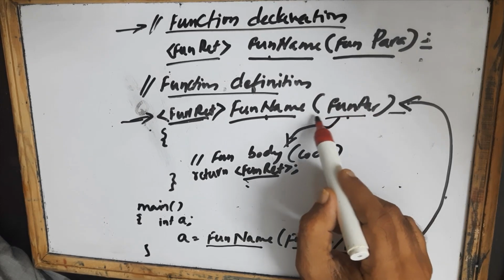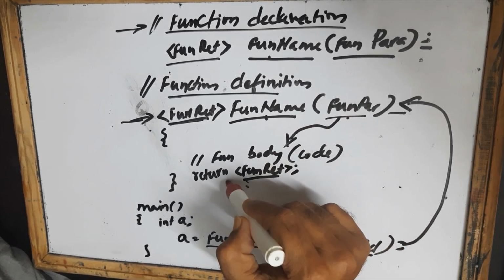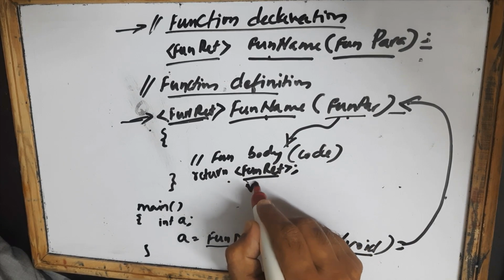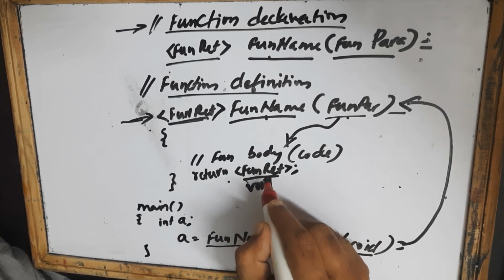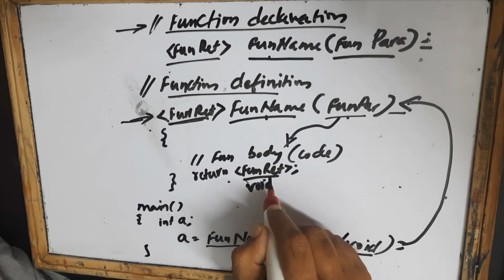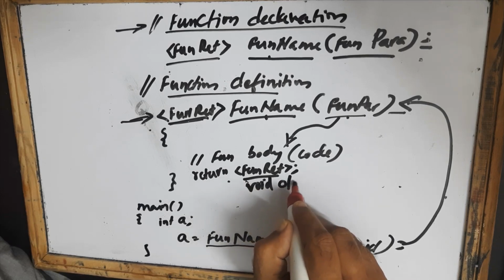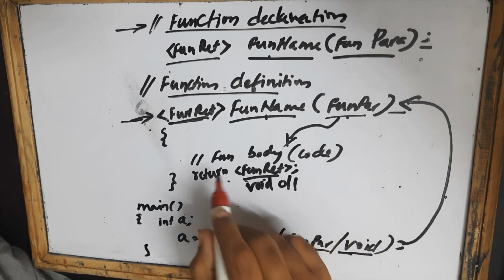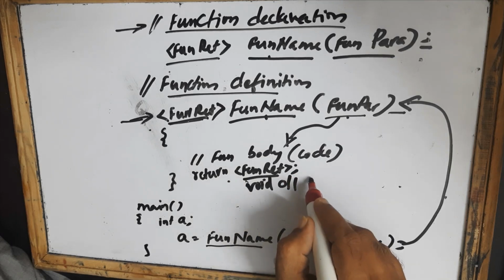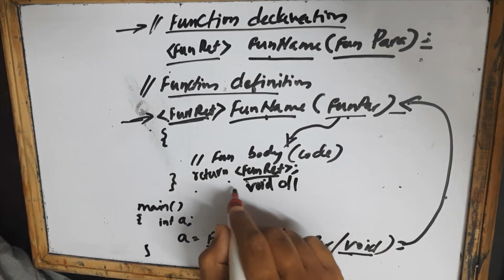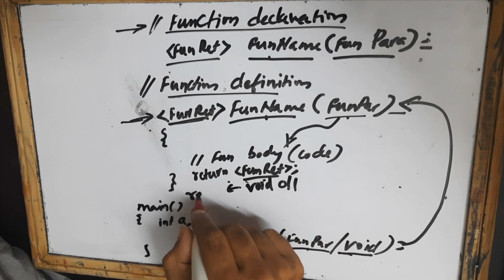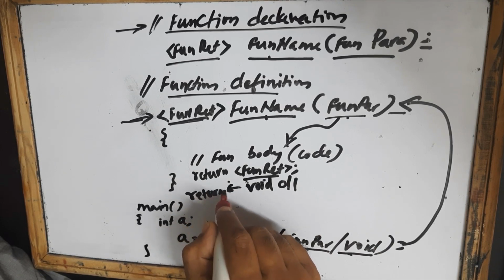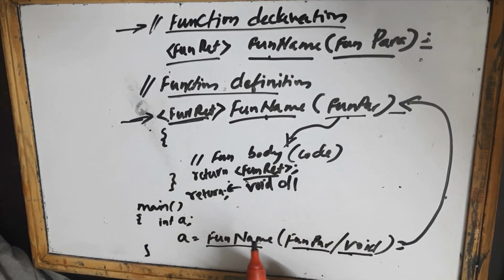This will execute the function body and return void or a value. It may be a function return or maybe void, that means 0 or 1 you return, or it returns nothing, just return semicolon. In case of void, nothing will be returned here.